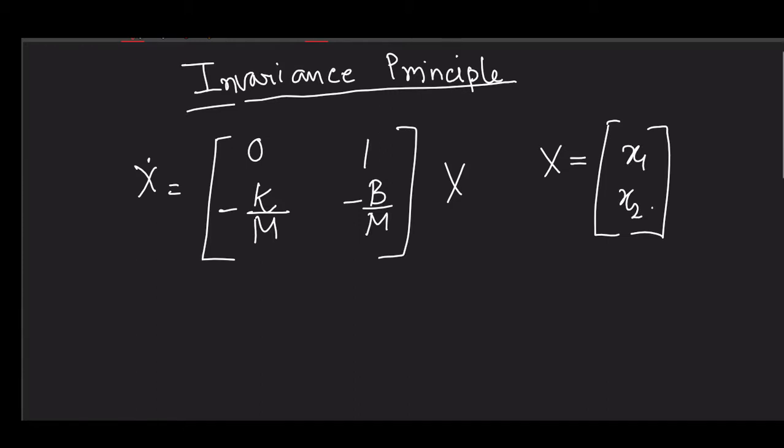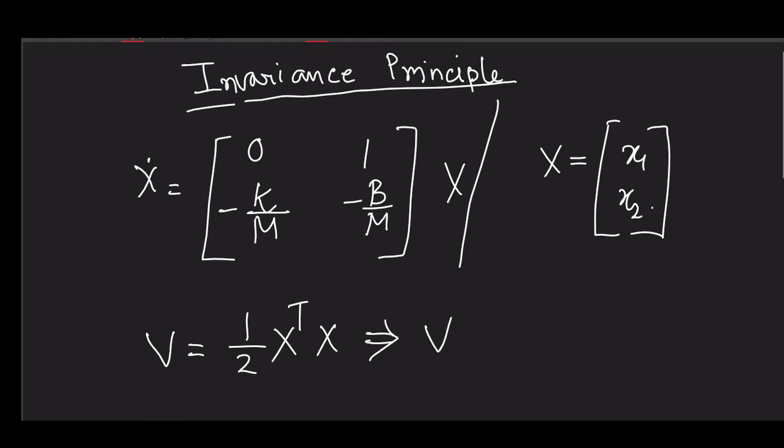Now here one thing is very clear: if we define V as half x transpose x, and we find V dot from here, eventually we will reach a condition like V dot is equal to minus b x2 square.